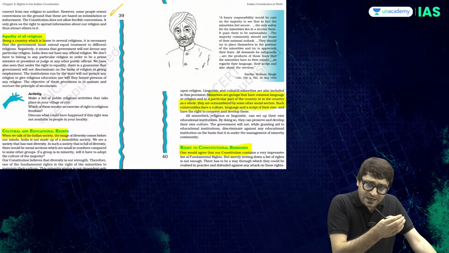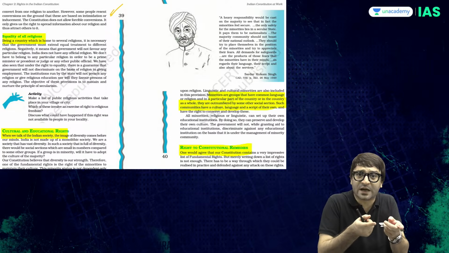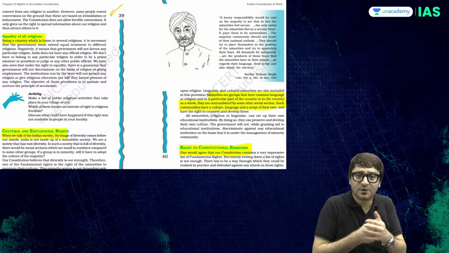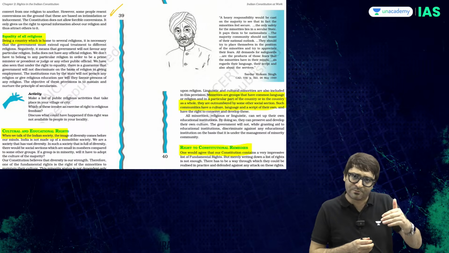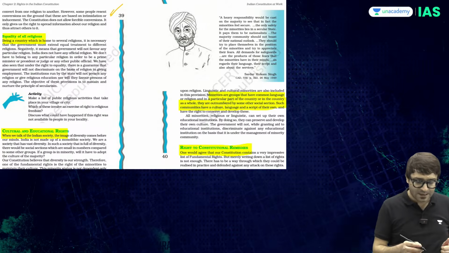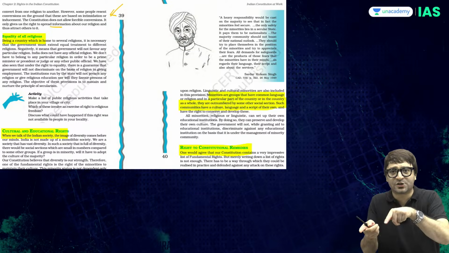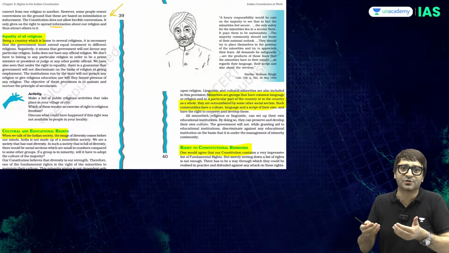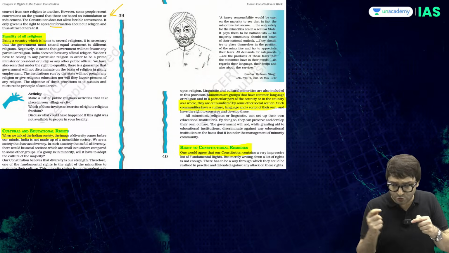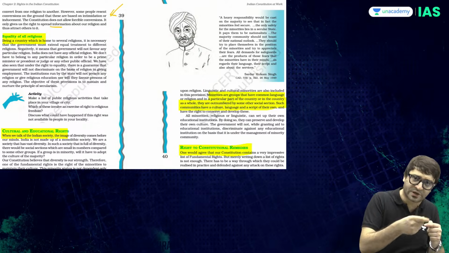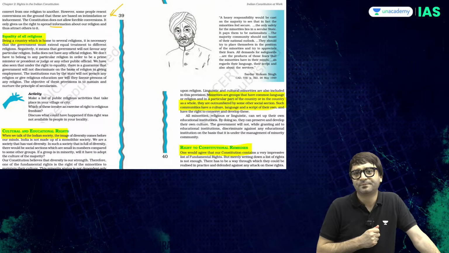You can convert others into your religion, but not through inducement, not through bribe, not through force. You can communicate, you can propagate your religion. You can spread information about your religion, and through that information you can attract others. But you can't forcefully convert others through bribe, inducement, threat, or coercion. That's something which the Constitution does not allow.